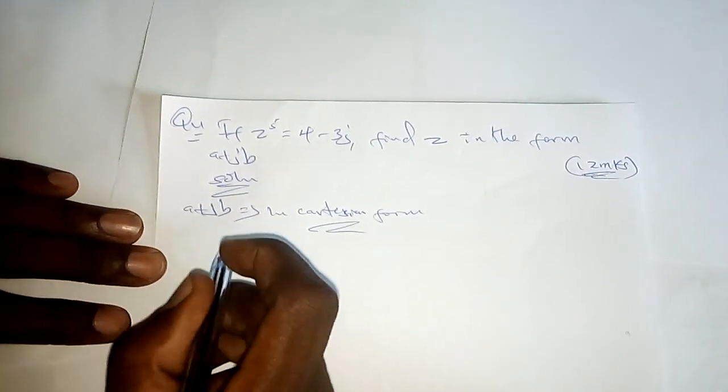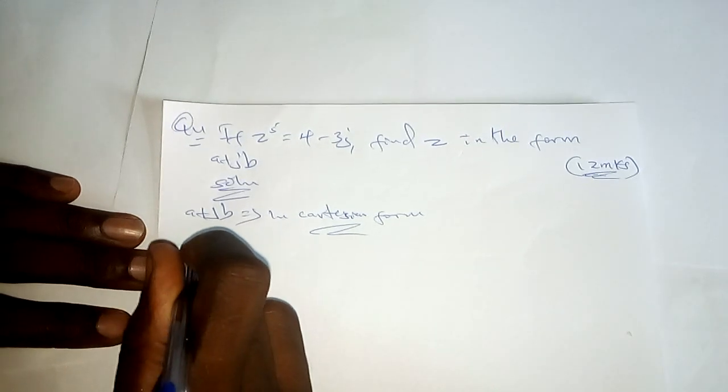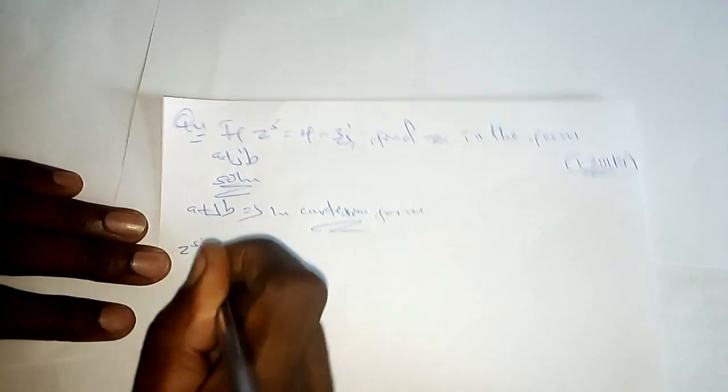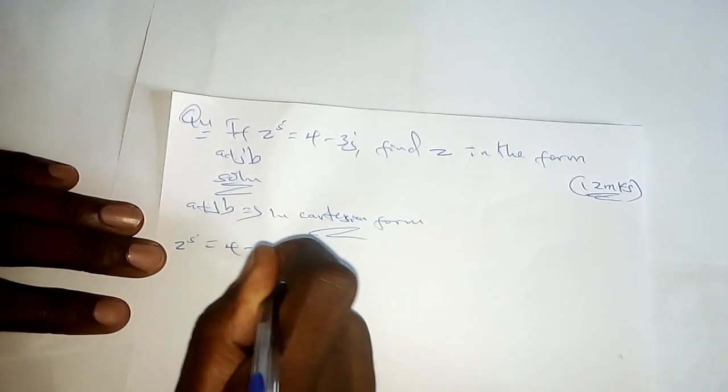Now, first of all, we write z raised to 5 is equal to 4 minus 3j.